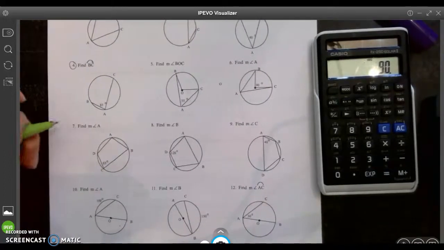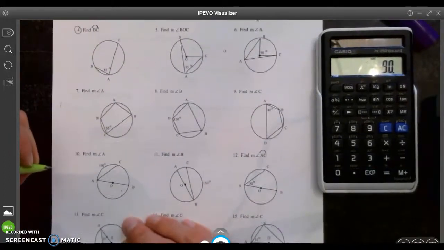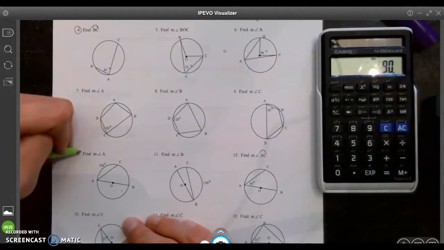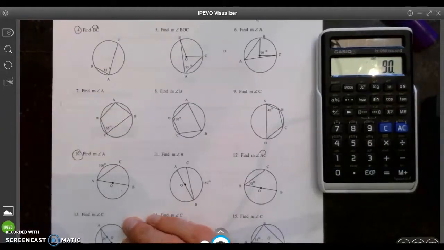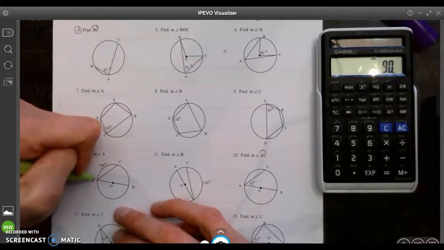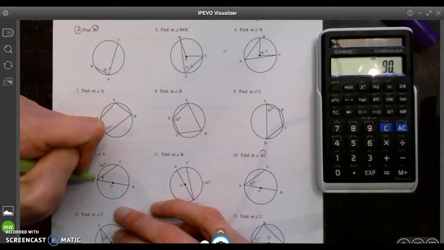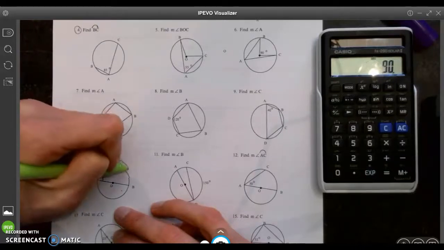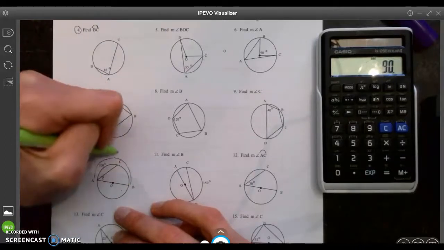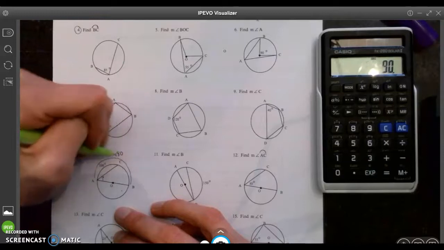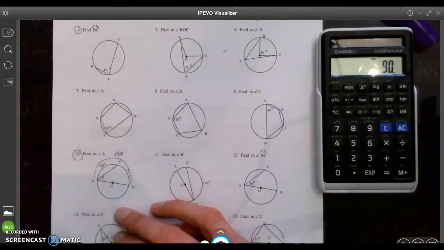Let's do number 10. And number 10, remember, you want to find angle A. What is angle A? But first you need to remember that this is a semicircle, and a semicircle equals 180. So what is CB?